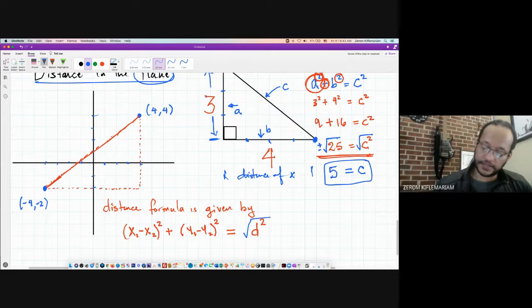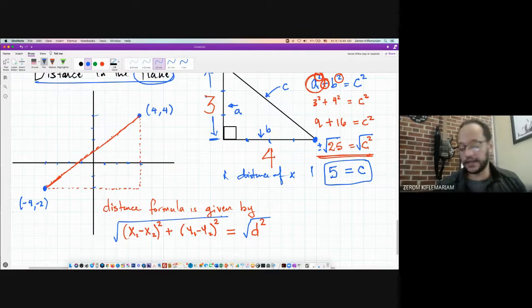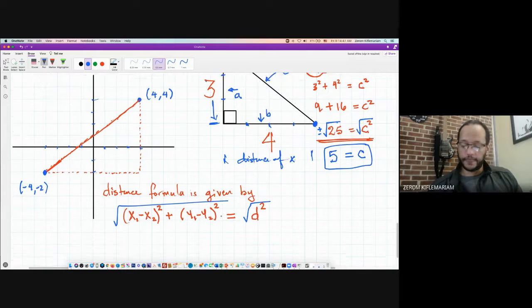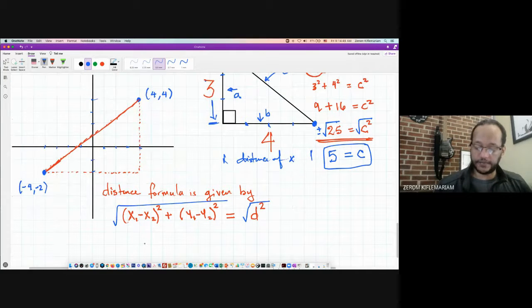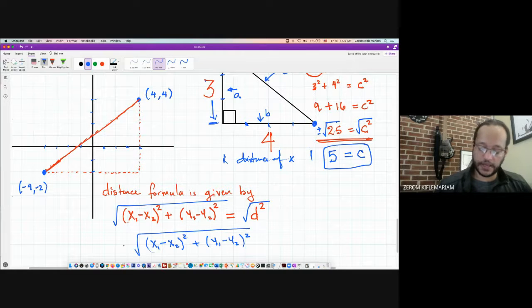So the distance formula is given by d equals the square root of (x1 minus x2) squared plus (y1 minus y2) also squared, and everything is under the square root, and that will give me the distance.